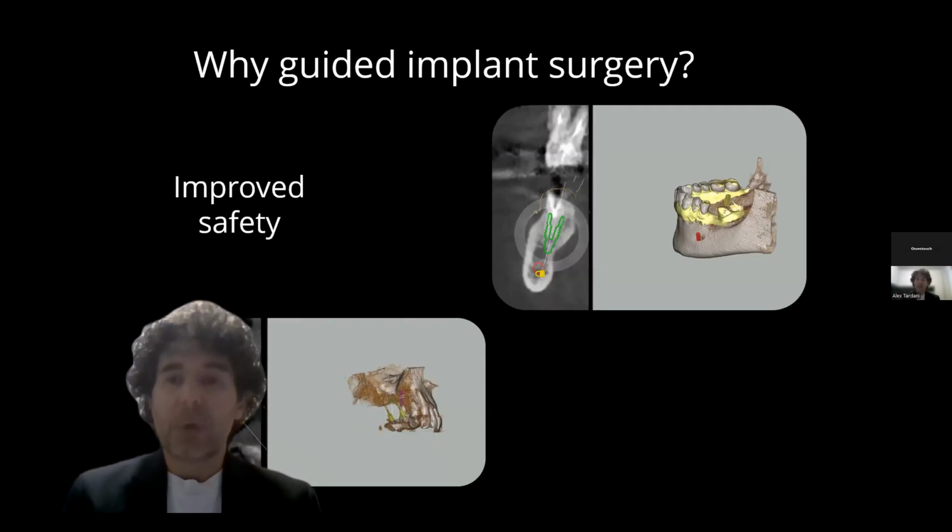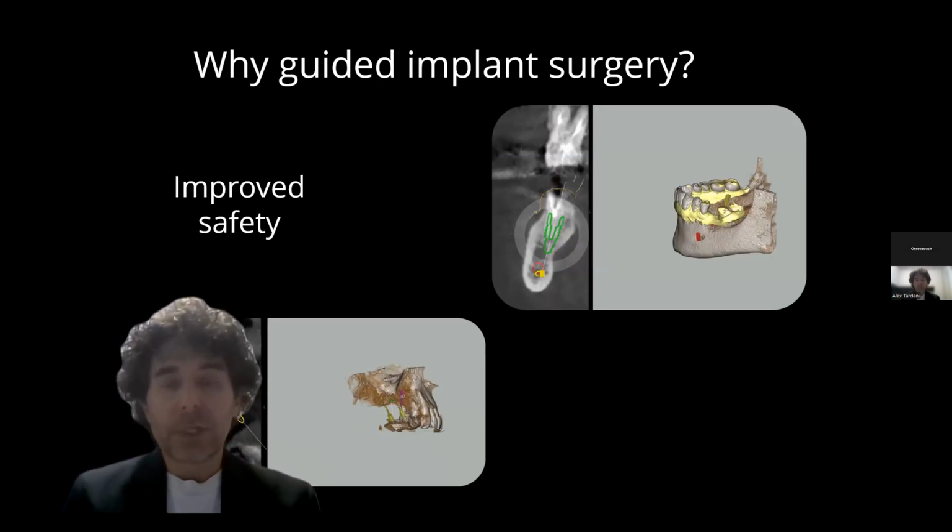The first thing, which for me is fundamental, is safety. Being sure not to approach noble or delicate structures such as the alveolar nerve, being careful in managing a maxillary sinus, which is certainly an area of interest for us with magnetodynamics.